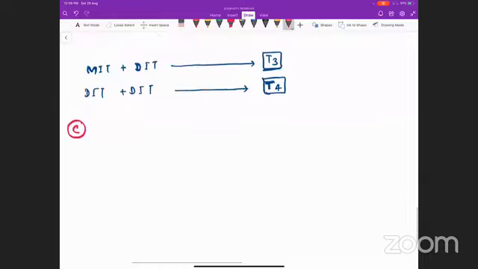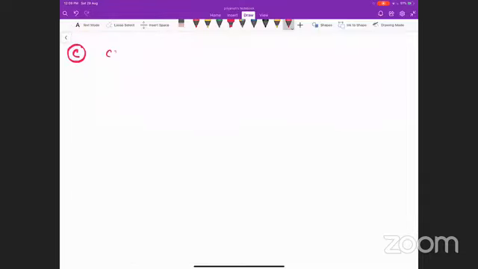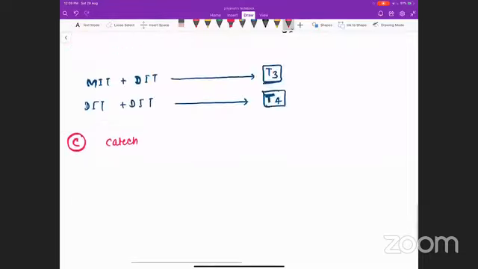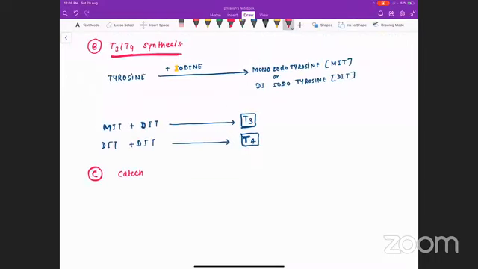The third special product is catecholamine synthesis.